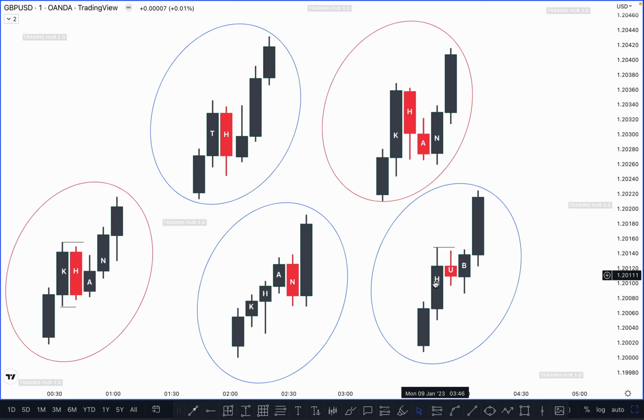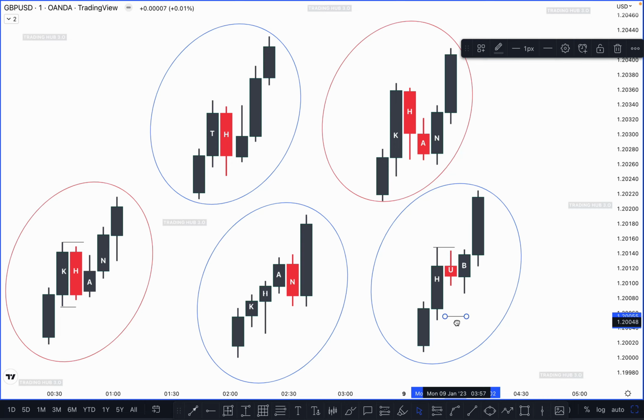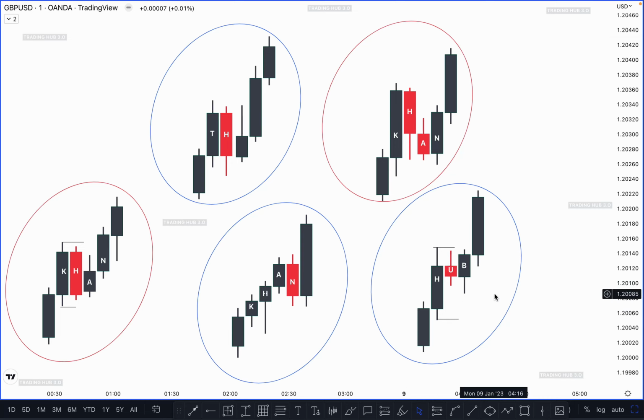Why? Because the actual low is here, the H candle high and H candle low, since the U candle did not create any new high. If the U candle creates an equal high, meaning the previous H candle high and the U candle high are equal, this becomes our valid pullback, because the B candle takes out the U candle low, which is here. So this becomes our valid pullback.